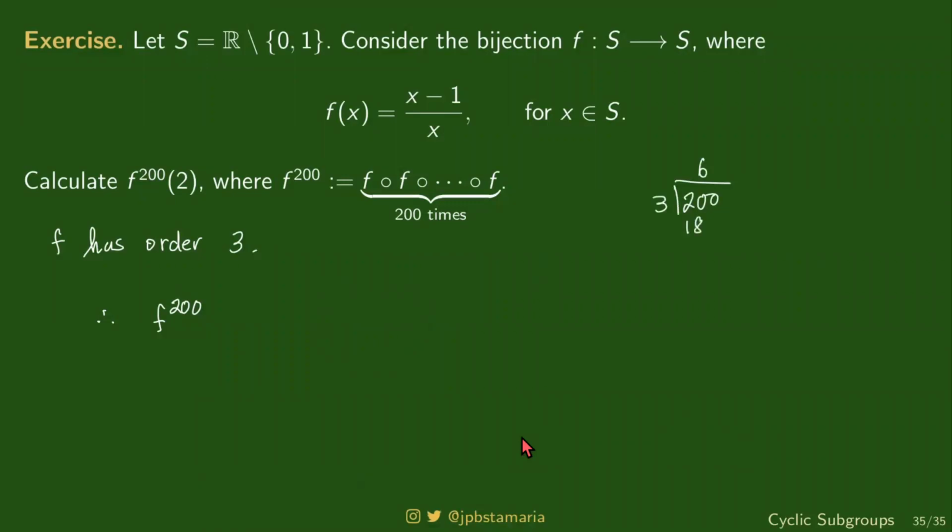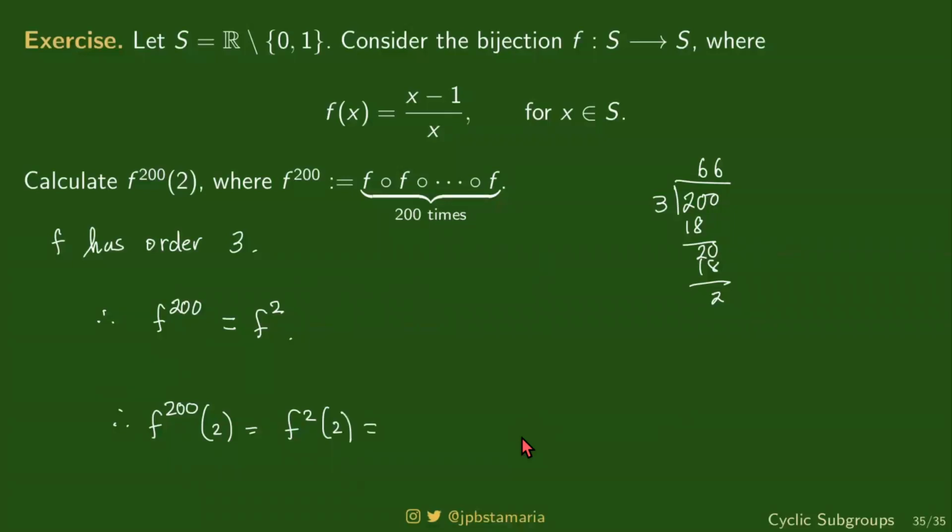Get 66, remainder 2. So therefore, f to the 200 is equal to f squared. Tama ba? So therefore, f to the 200 of 2 is equal to f squared of 2.